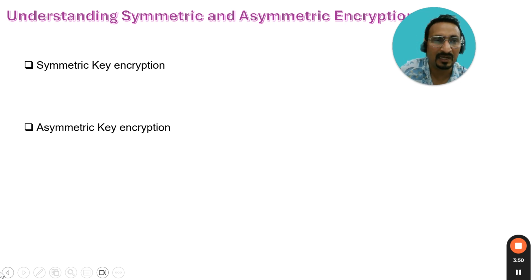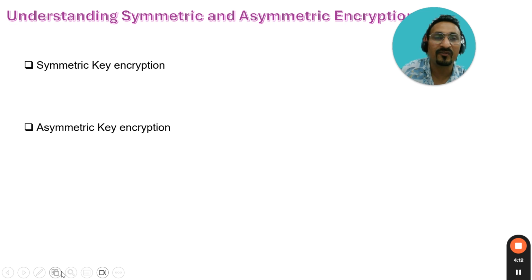What is meant by symmetric? Symmetric, if you say, is an English word. Symmetric means the same. If the same key is used for both encryption and decryption, then that mechanism is called symmetric key encryption. What is asymmetric key encryption?